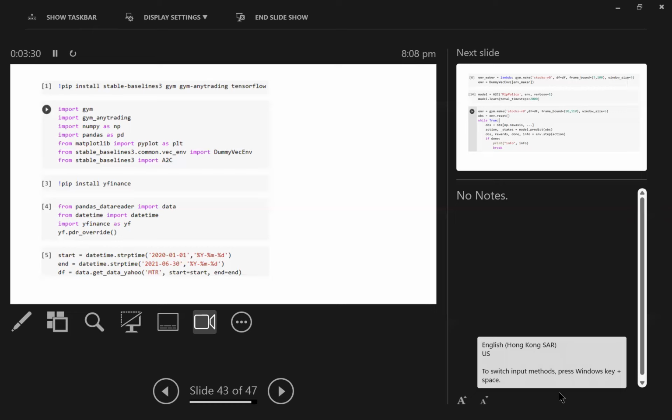Now there's something a little bit out of our scope here, but we need to use it because when you call A2C, the internal algorithm basically works in this way.